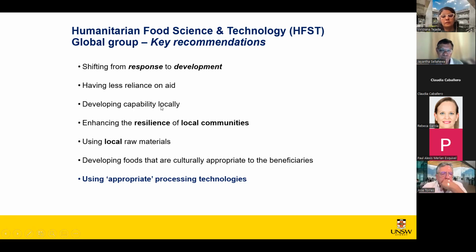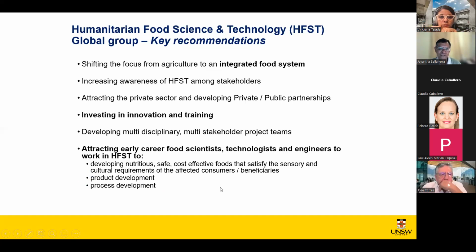They should think about developing capability locally, capable of processing their own food and making them more resilient, focusing on local raw materials and appropriate technologies.